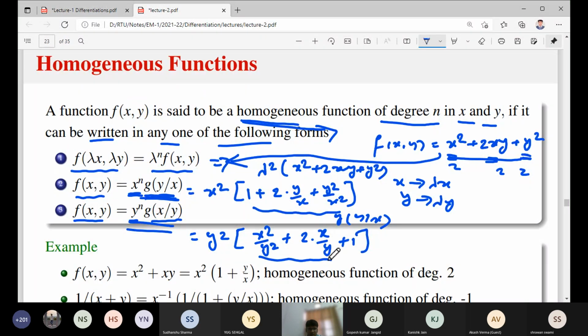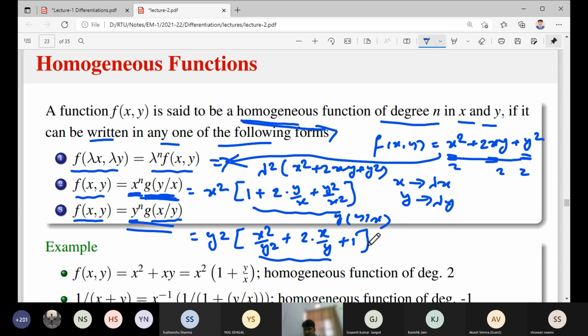So this is our function of x upon y, right? And you can see that the degree of each term is 0 here, right? x square upon y square, if you simplify this, then the degree will be 0 because the numerator's degree is 2 and the denominator's degree is 2. So they cancel out. So the degree is 0. Similarly, this is degree 0 and this is degree 0.